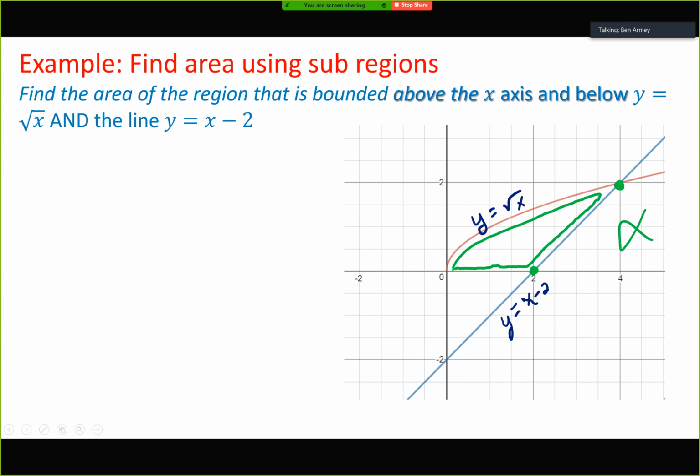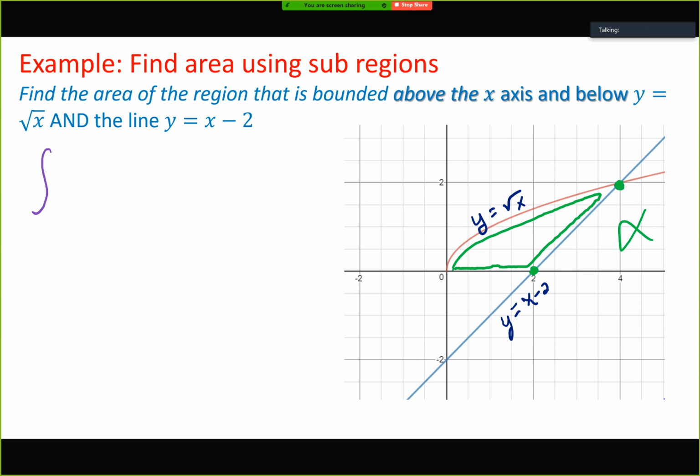Okay, so I know I'm going to do an integration. If I were to integrate my line of y equals root x, I have something weird going on here. If I go under the line all the way up to 2, yeah, that gives me the area of this section. But if I go under my line from 2 to 4, that gives me all of this area, but I don't want all of that area.